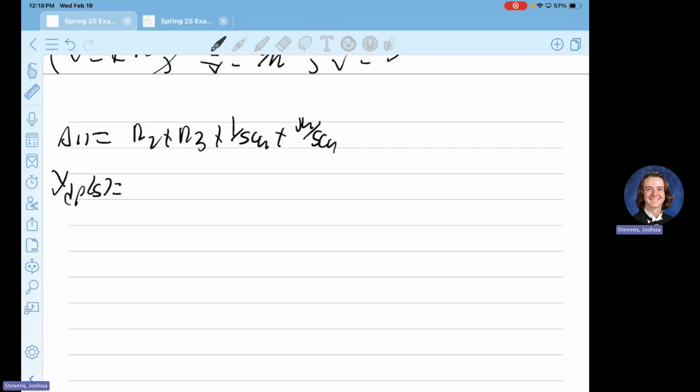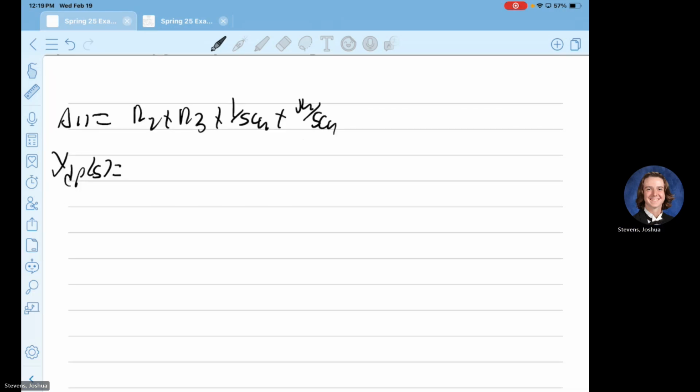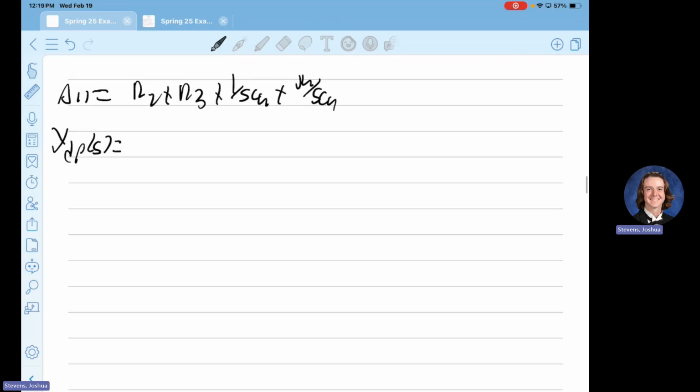Okay, so we're going to start here. R2 plus R3 plus 1 over SC4 plus mu over SC4. Like I said, I'm not going to do the derivation of the determinant. You do that on your own and make sure that it matches.